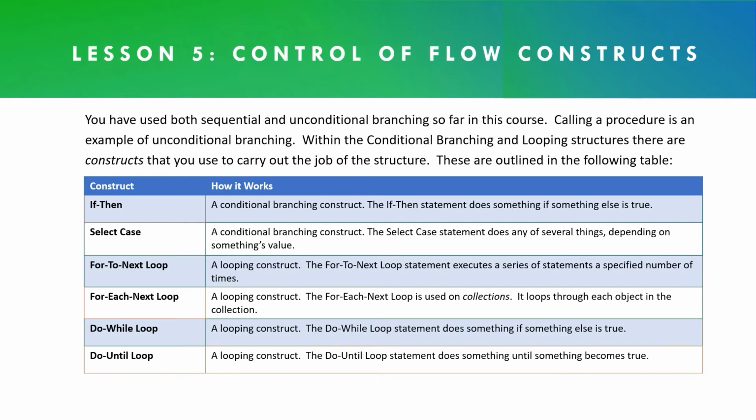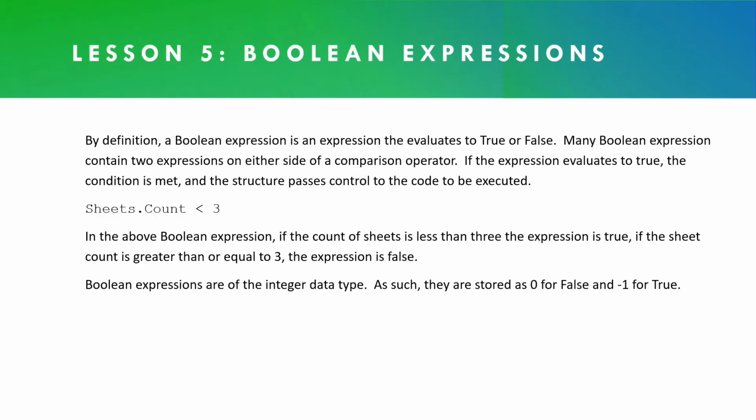You also need to know a little bit about Boolean expressions here, so let's do that first. A Boolean expression evaluates to true or false. They usually contain two expressions on either side of a comparison operator. If the expression evaluates to true, the condition is met, and the structure passes control to the code to be executed.